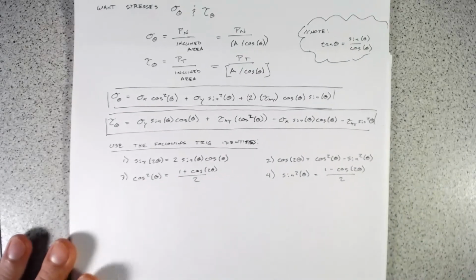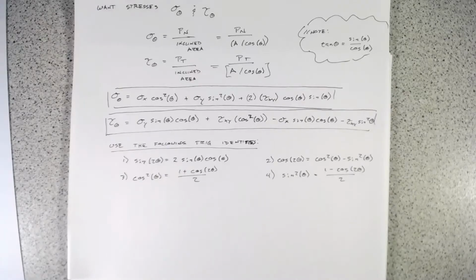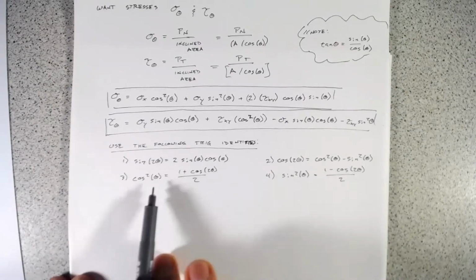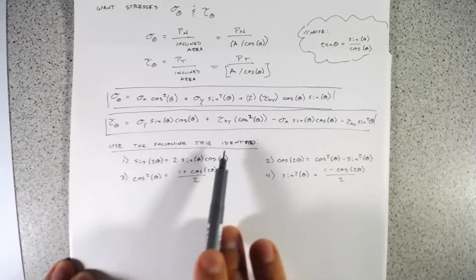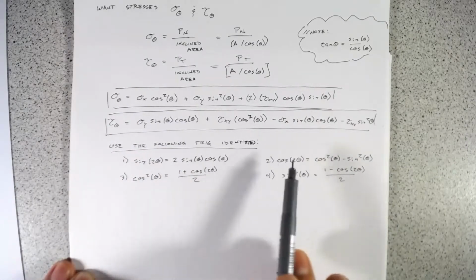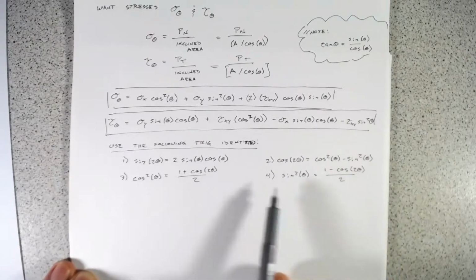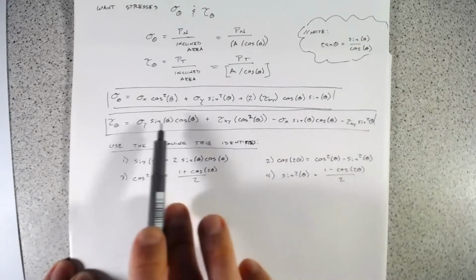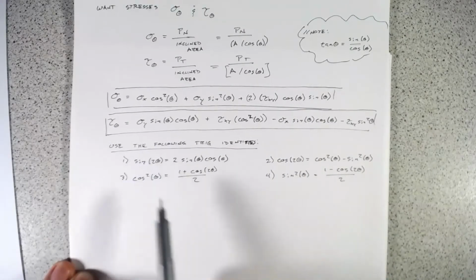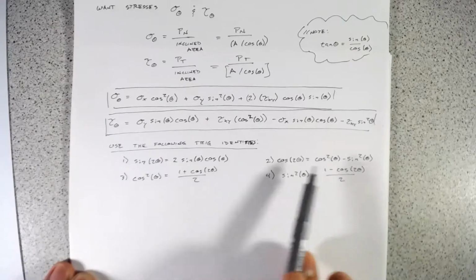The reason we're going to use these trig identities is we're going to do a little bit of calculus, and it will simplify these equations into something which is going to be much easier to use. So if we plug these in, you can start to see some of the patterns here. We've got a cosine squared, a sine times cosine, a sine times cosine, and look, we've got two of those. So it looks like we're going to get everything in terms of really 2 theta.